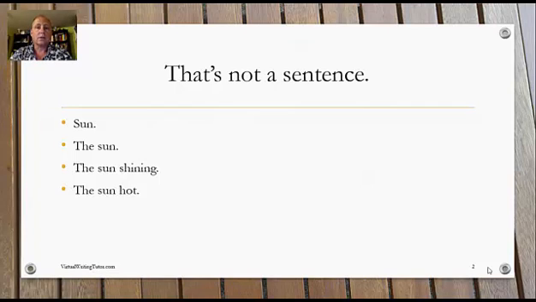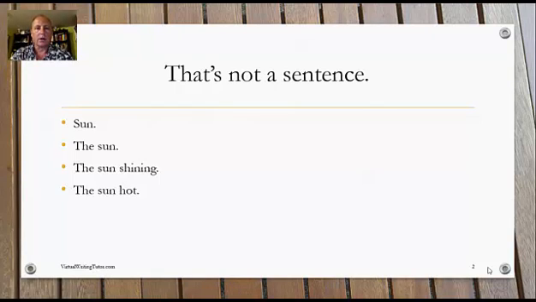The sun shining looks like it might contain a verb because shining is the present participle of the verb shine, but without an auxiliary it is not a complete verb, it is not a conjugated verb, and therefore this cannot be a sentence. So how can we make these into sentences?